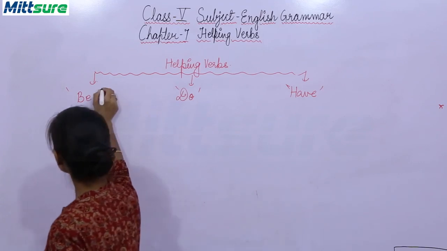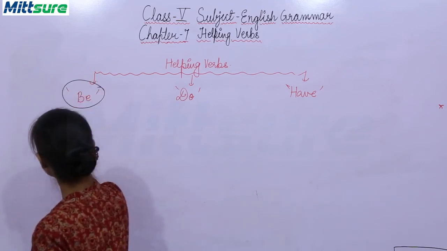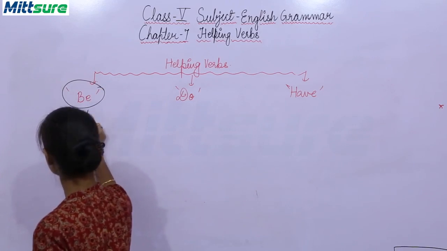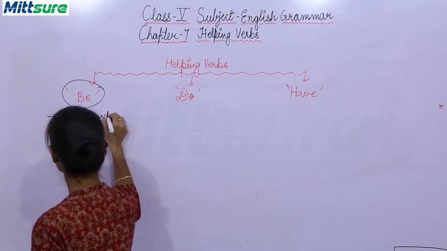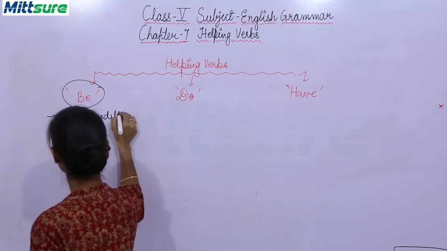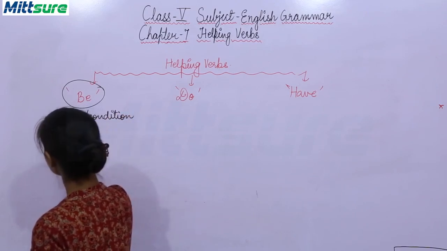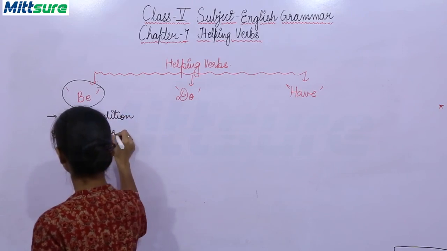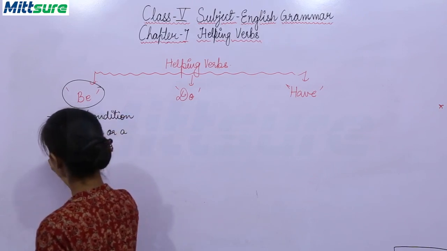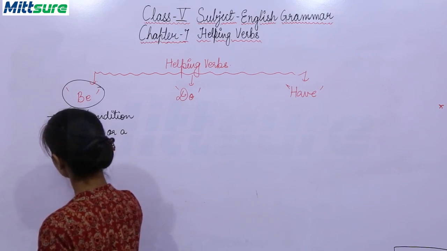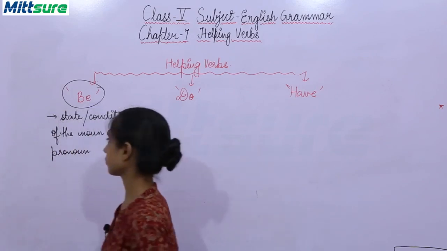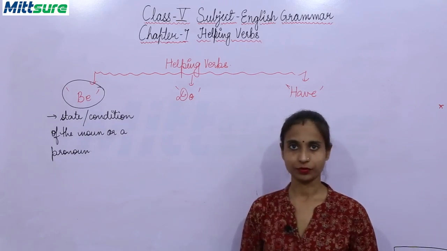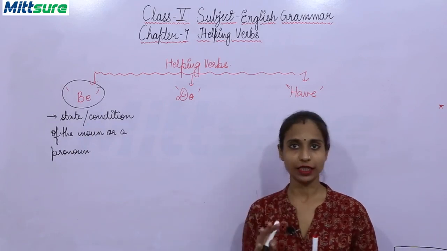Be form of verbs, children, tell you the state or condition of the noun or a pronoun. What are they actually? They declare something.